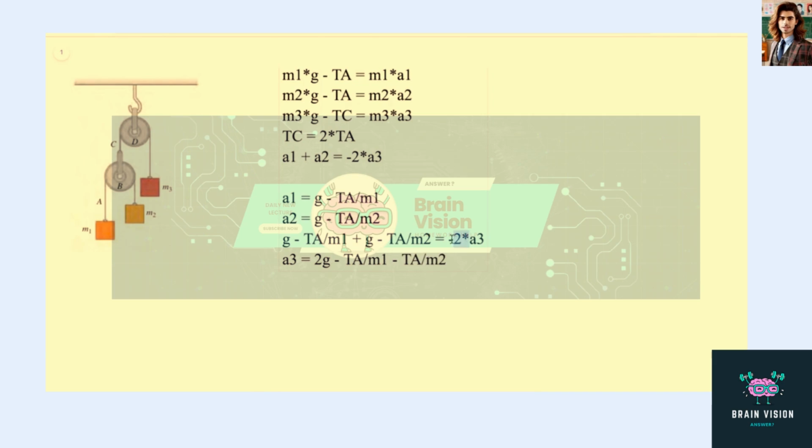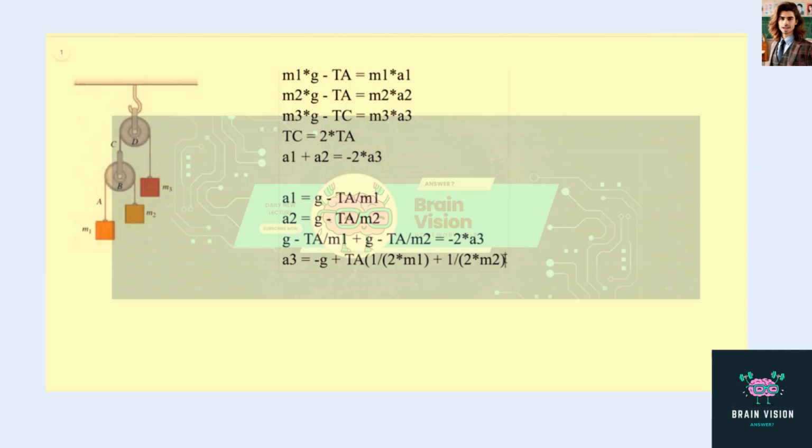Now we need to divide by this -2, so that's going to turn this into a minus. This will become a plus. We'll have over 2 m1, and this will be turned into a plus and divided by 2 m2. And we can pull out this factor of TA from both of these terms.